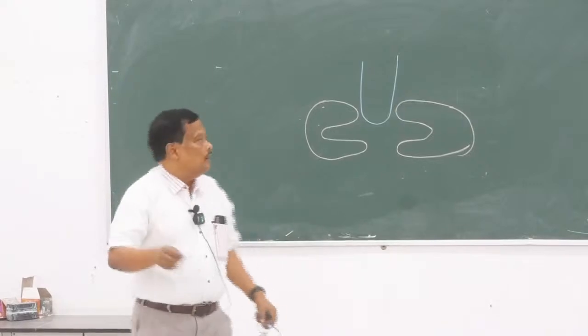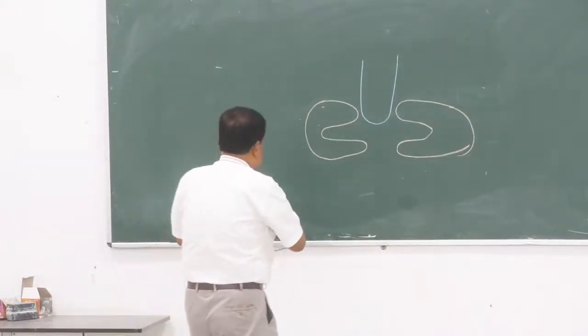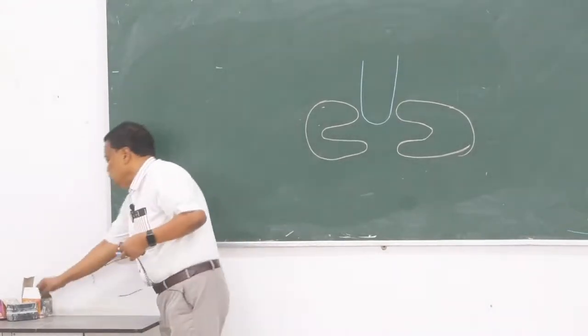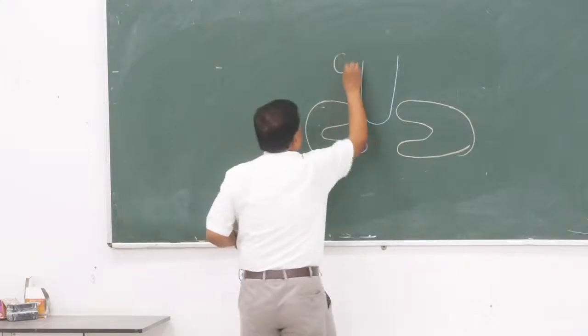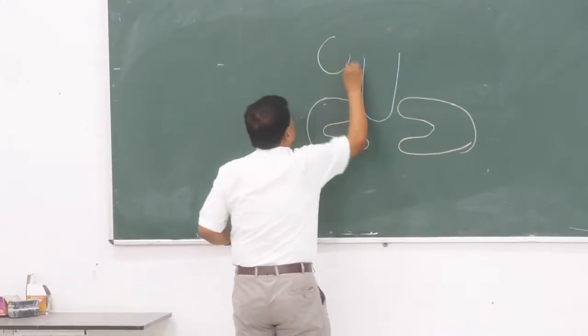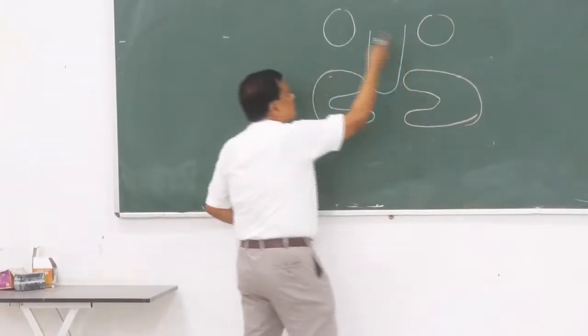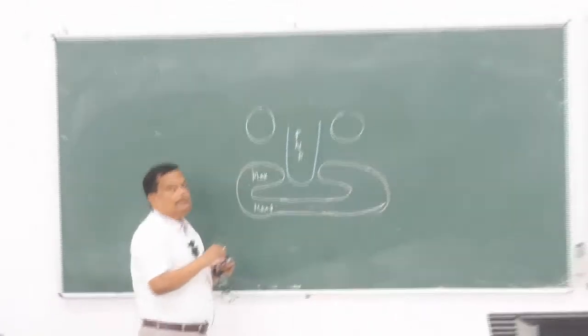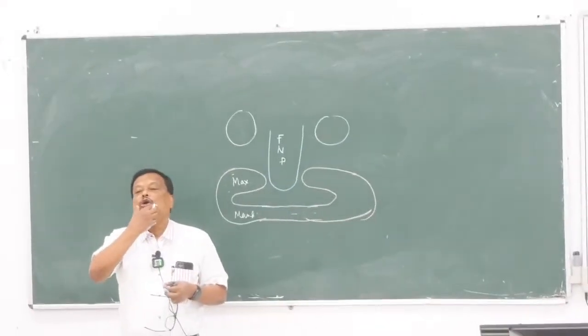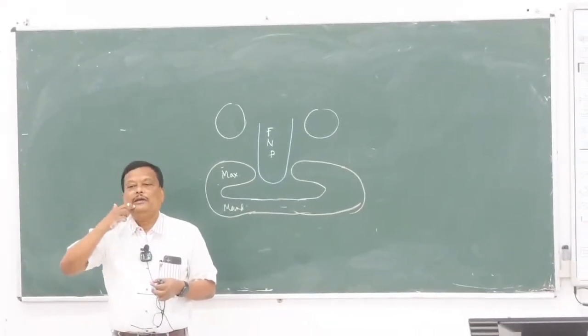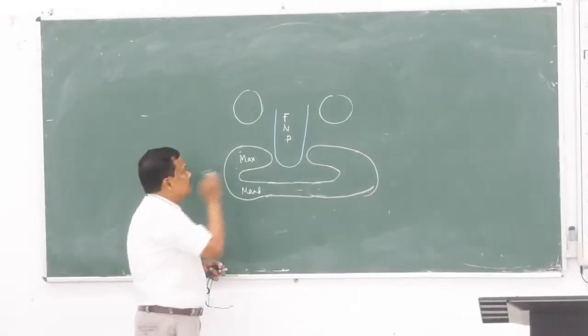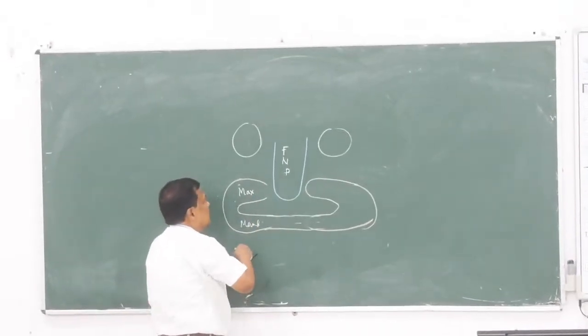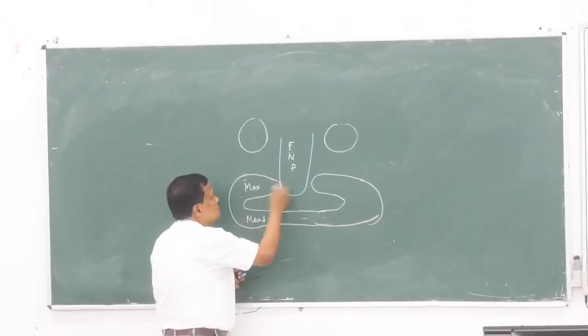In this way, the eye will develop here, and the mandibular process forms the lower jaw, lower lip, etc. This maxillary process grows and hits the frontonasal process and joins here.